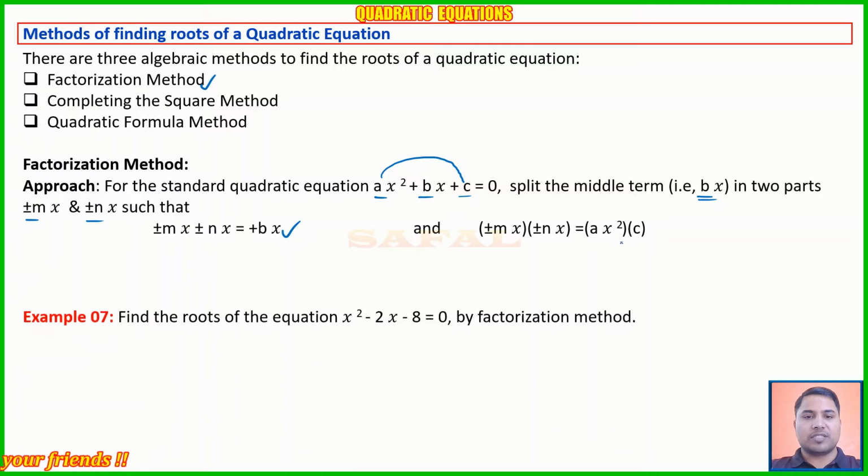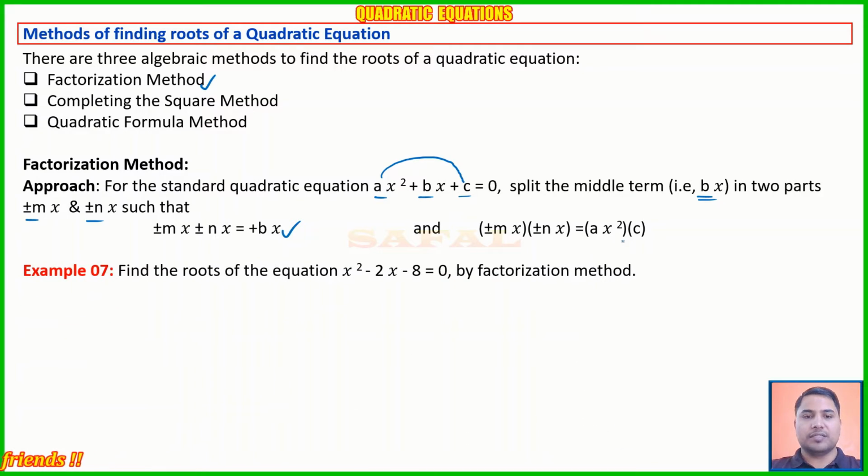So you can see on the screen I have taken a question here. Find the roots of equation x square minus 2x minus 8 by factorization method. Now let's see how I am applying the above approach. So first you have to multiply the second degree term, that means x square term, and constant term.